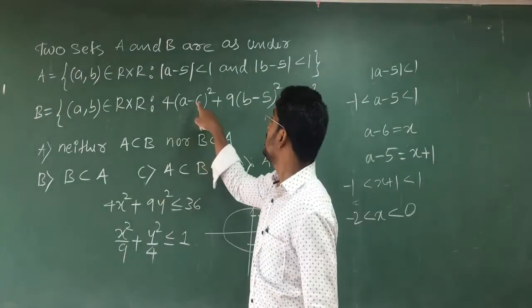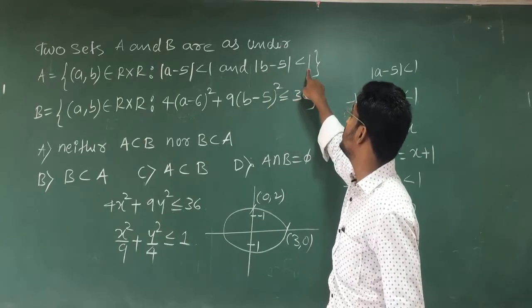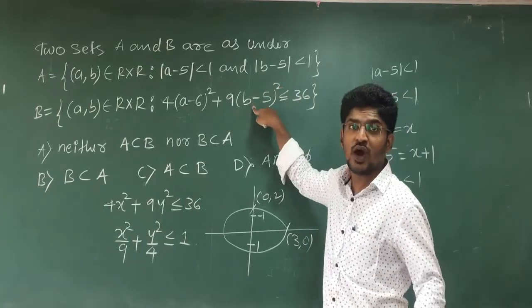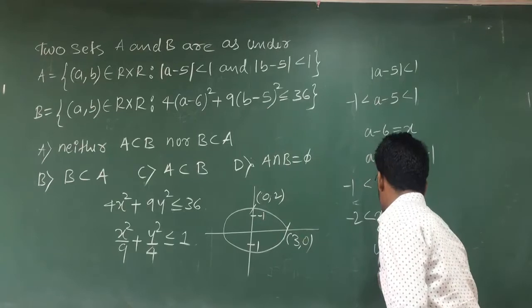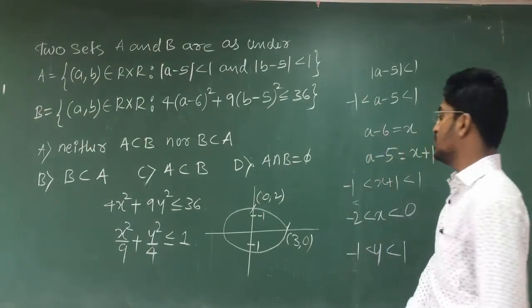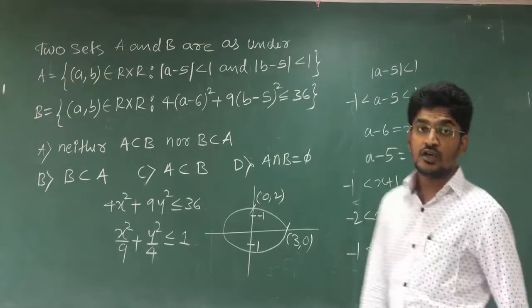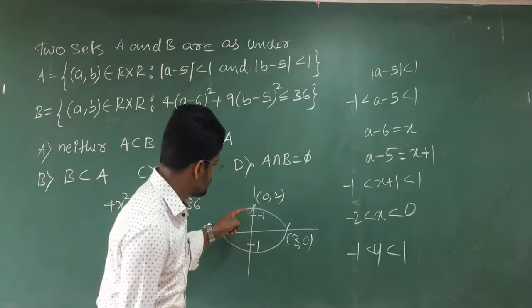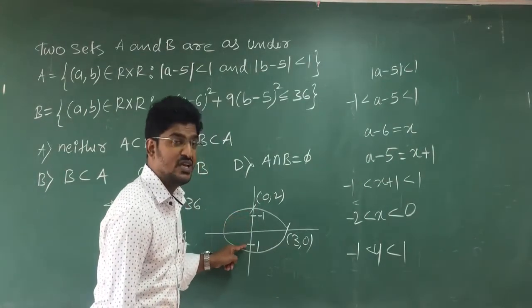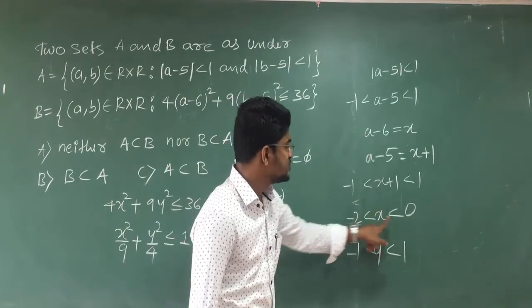Now y is B minus 5, and B minus 5 is less than 1, so directly I will write y is in between minus 1 and plus 1. Clear? So y is in between minus 1 and plus 1, and x is in between minus 2 and 0.